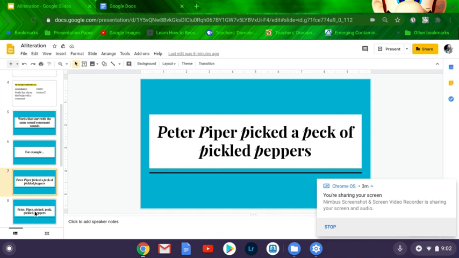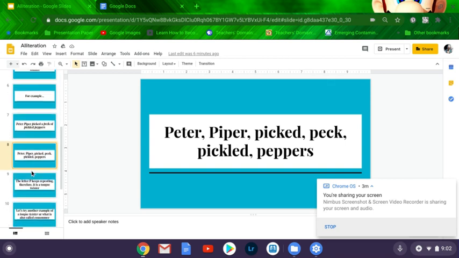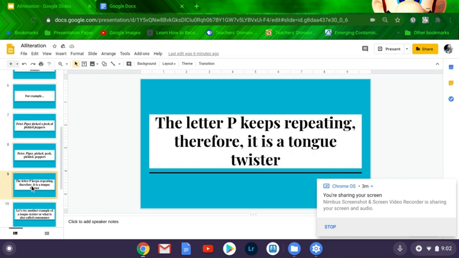Which of these words have the same P sound? That's right. Peter, Piper, picked, peck, pickled, peppers. Very good. You notice how the letter P keeps repeating? If it does that and it is not an A, E, I, O, U, and a Y when the Y is at the end of a word, then it is a consonant.